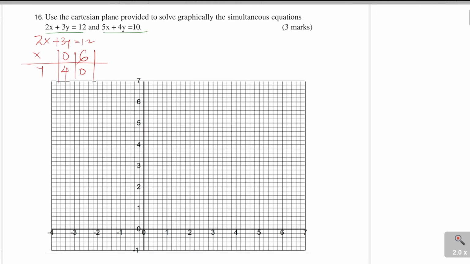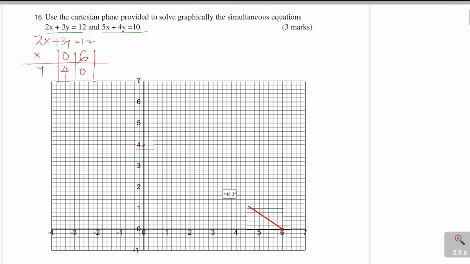Those 2 points are enough. You can use another one for confirmation, but the 2 are okay. So we draw that line first. (0, 4) is this point here, and then (6, 0) is that point. So let me mark them, and draw a straight line.